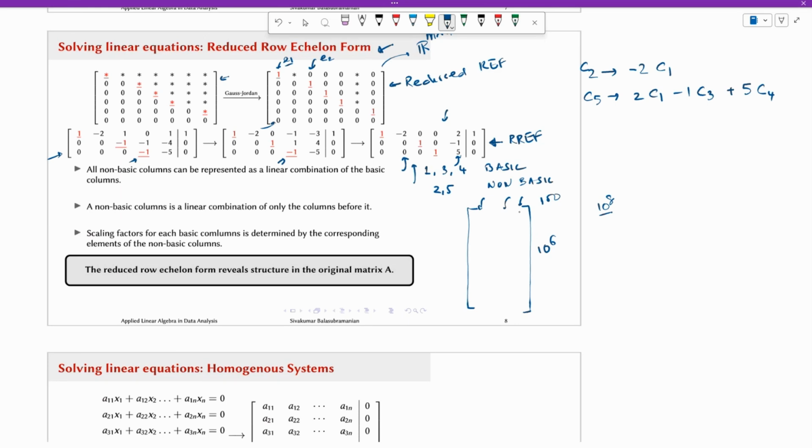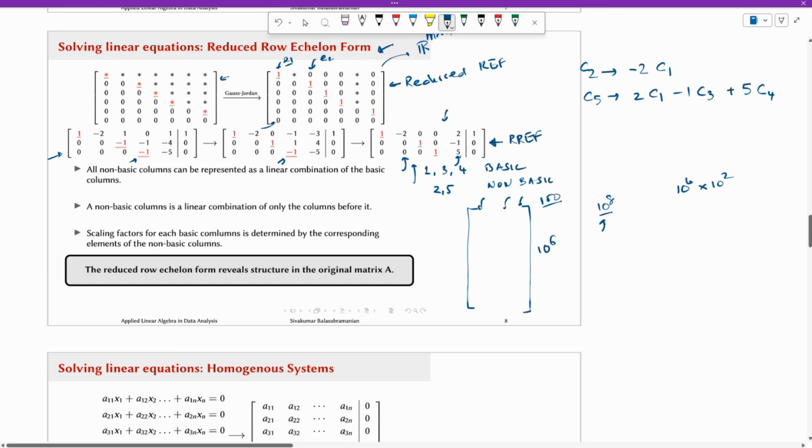But if you know that there are only 3 basic columns in this matrix, do you have to store all 10 power 8 elements? So here, if I have a 10 power 6 by 10 power 2 matrix, it's got a million rows and 100 columns.